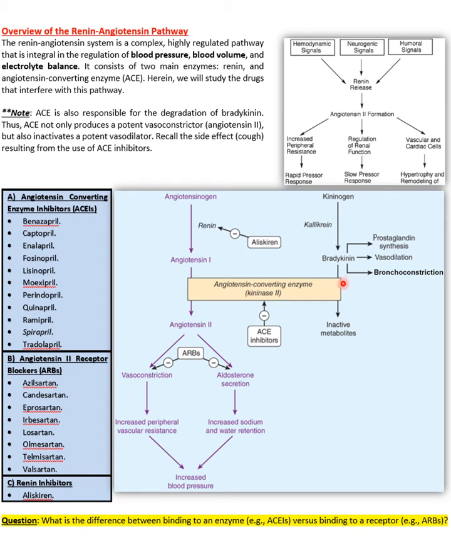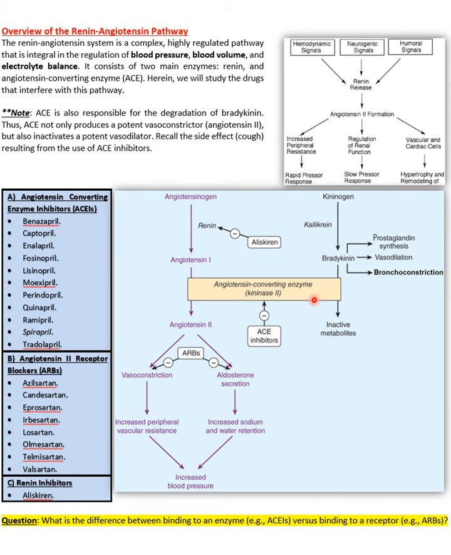So the enzyme here is responsible first for the conversion of angiotensin 1 into angiotensin 2, which leads to the increase in blood pressure, but it is also responsible for the degradation of a potent vasodilator. By breaking down this vasodilator, bradykinin, you will have vasoconstriction again and increase the blood pressure.